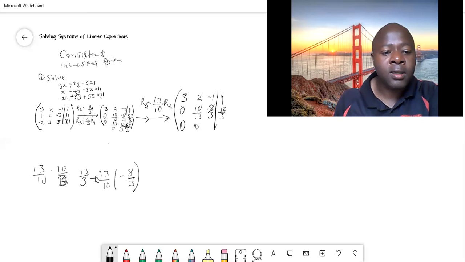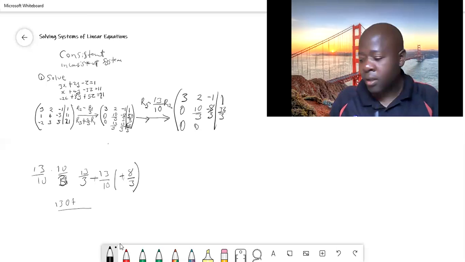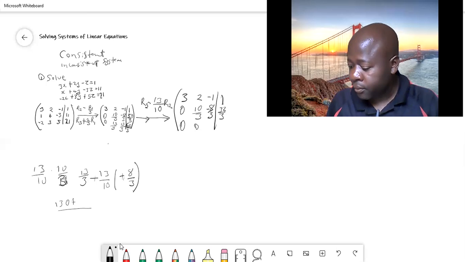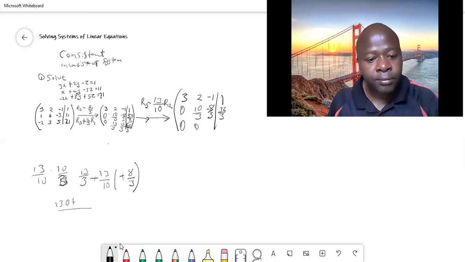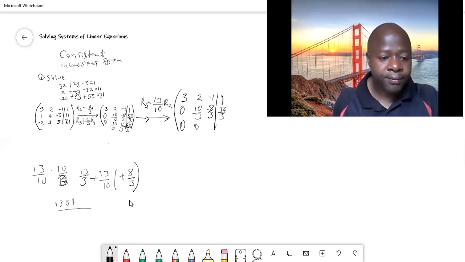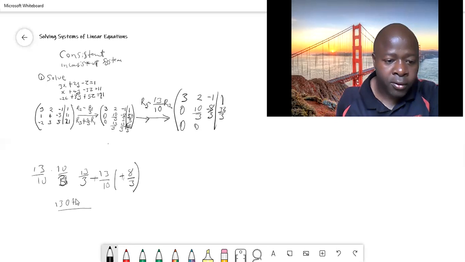So you realize that this and that will give us positive, and so our LCM will be 30. And so when we do that, we'll get 130 plus 13 times 8. 13 times 8 will be 104.